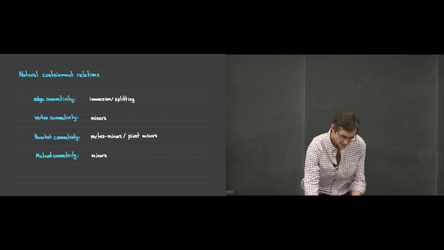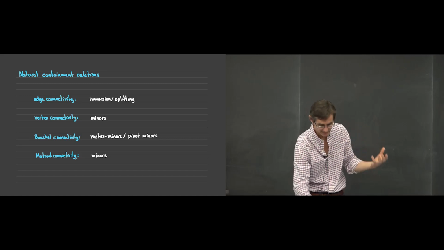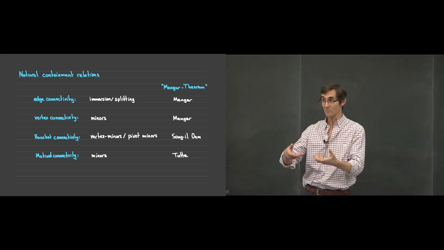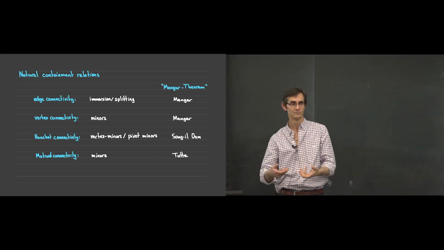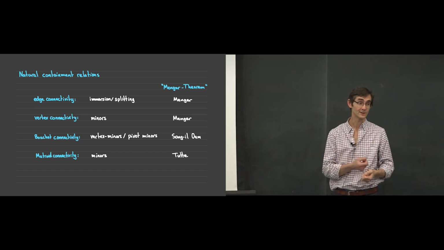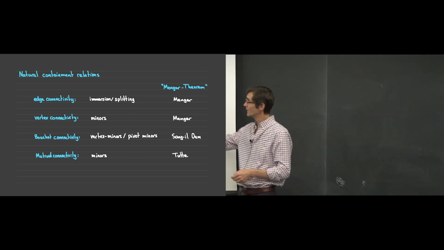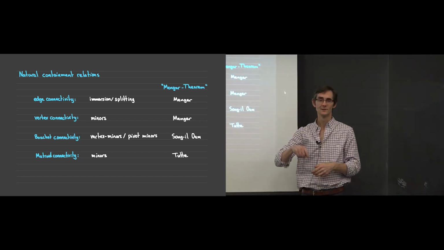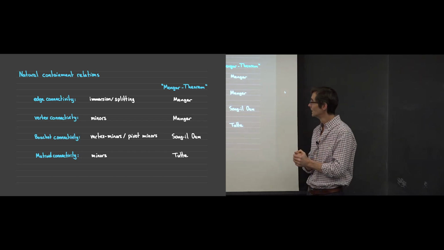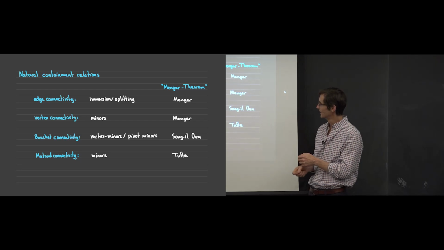Okay, so once you've got this containment operation and this connectivity notion, you typically want a Menger type theorem. And in all of these settings, there is a Menger type theorem known. So we all know the edge and vertex Menger theorems, for edge disjoint paths and vertex disjoint paths.